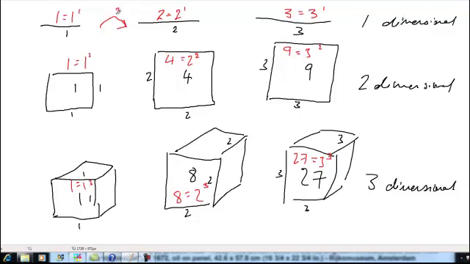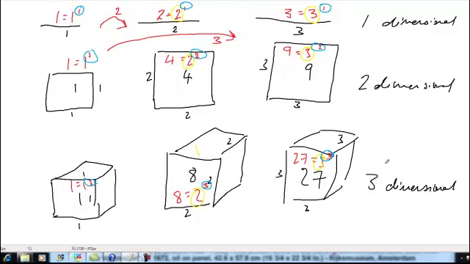So I hope you can see that between the shapes in the first column and the second, I multiply by a scale factor of 2, and from the second to the third column, a scale factor of 3. That scale factor appears consistently as this number, and the dimension appears consistently as this number: squared, squared, squared, cubed, cubed, cubed.